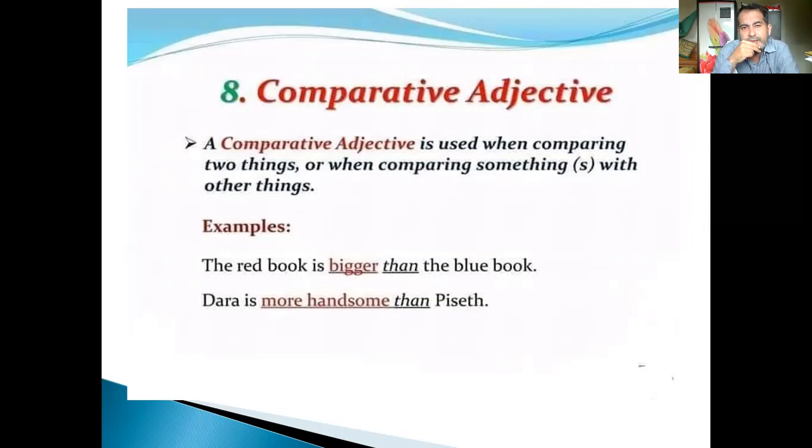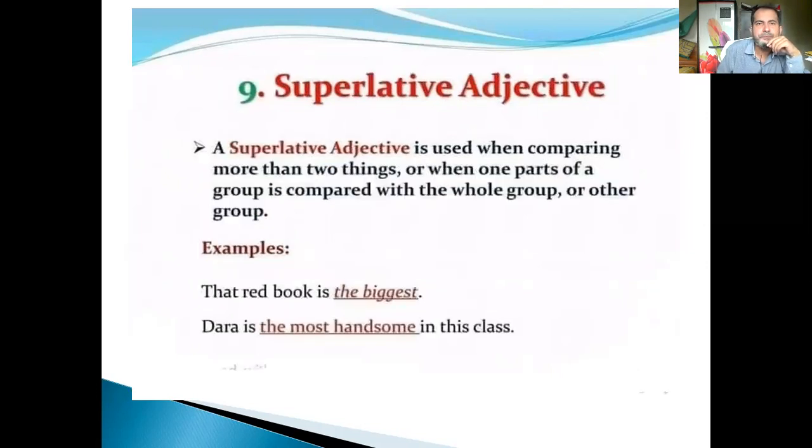Sometimes more or much is added before adjectives to make the comparative adjectives. The second example shows that Dara is more handsome than Piseth. So this is another example. Just consider these two examples and watch carefully how comparative adjectives are formed here.